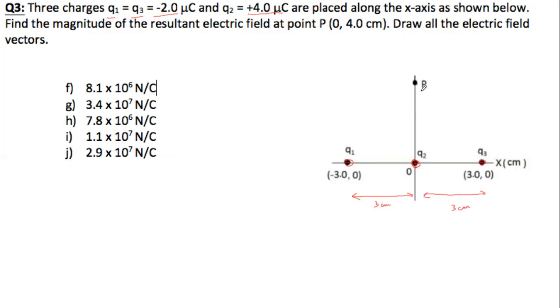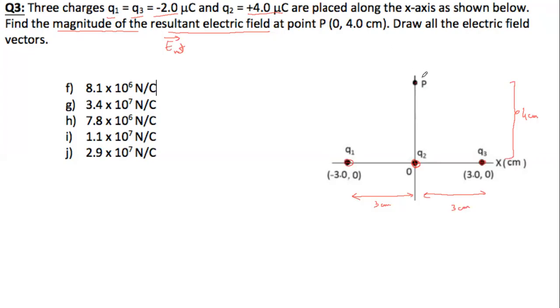And the question is, find the magnitude of the resultant electric field, meaning E net, at point P, which is at coordinate 0 along X and 4 centimeters. So this distance here between P and the origin is 4 centimeters.